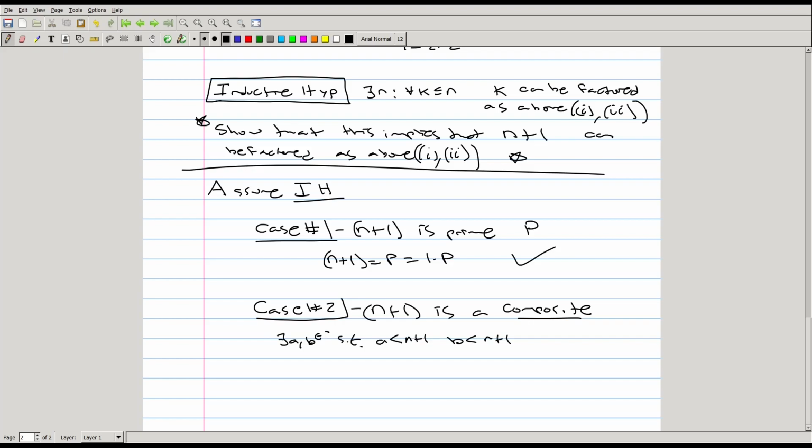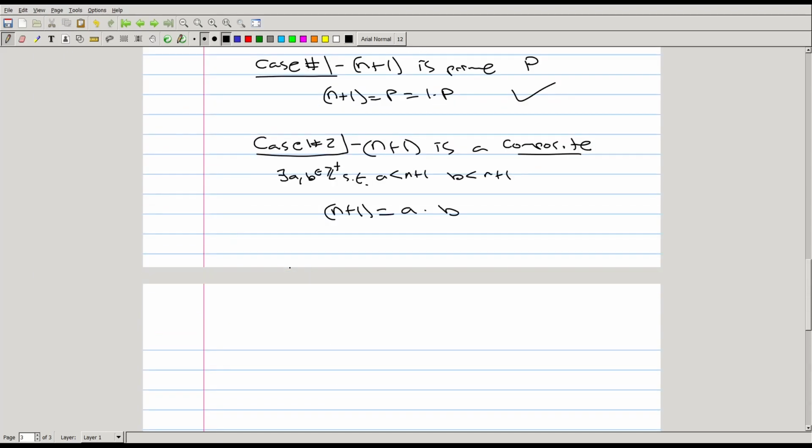These are positive integers, and n plus 1 is equal to a times b.